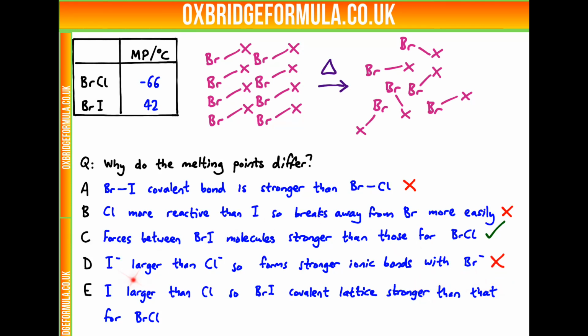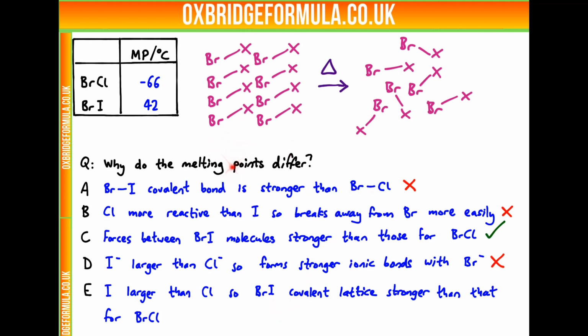So finally, in statement E, we're told that iodine atoms are larger than chlorine atoms, and so the BrI covalent lattice is stronger than the BrCl covalent lattice. Does this make sense? Well, this certainly seems closer to the truth than the previous statement, but what's the flaw here? So the way that it's described as a covalent lattice suggests that this whole thing in the solid state is connected by covalent bonds. Is that true?